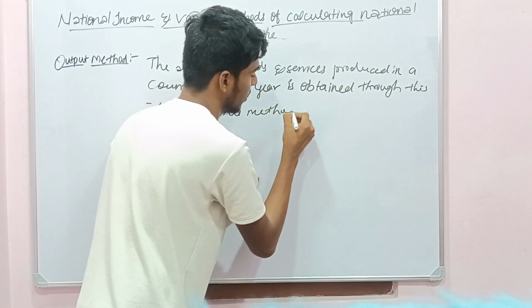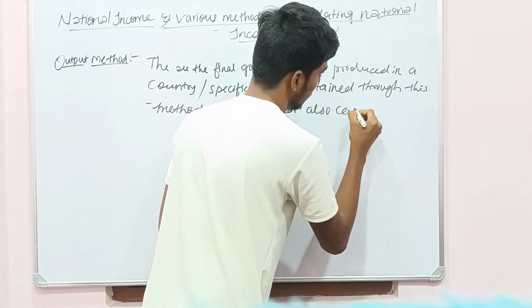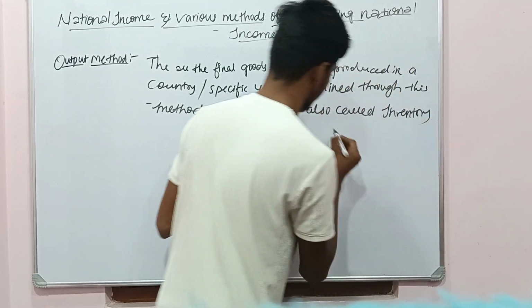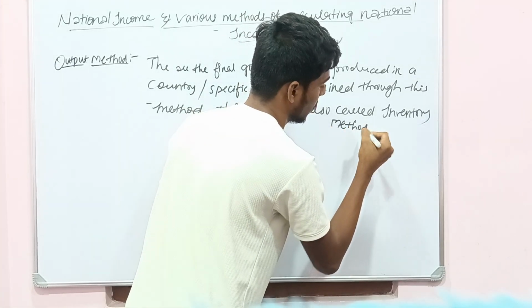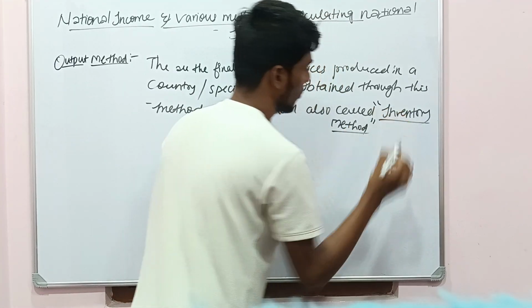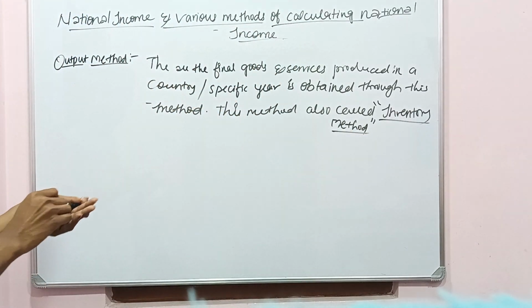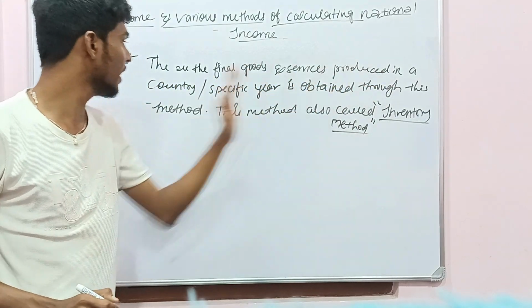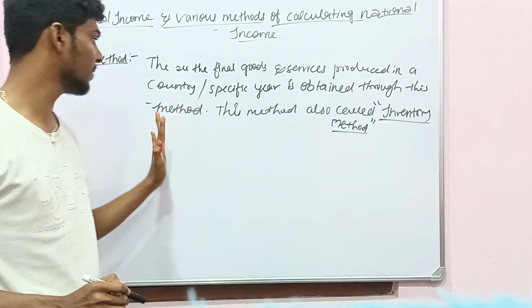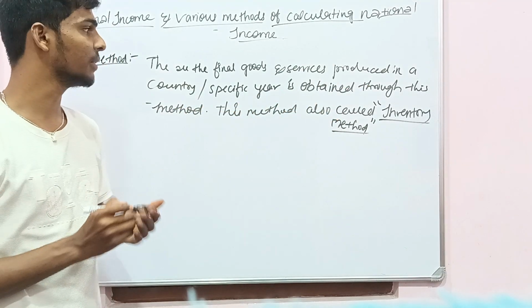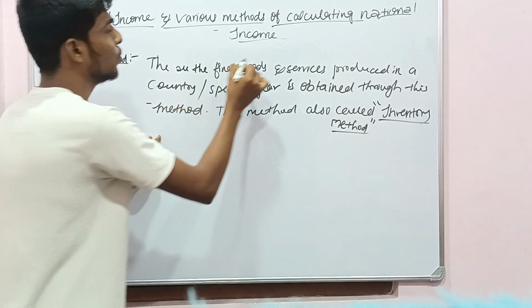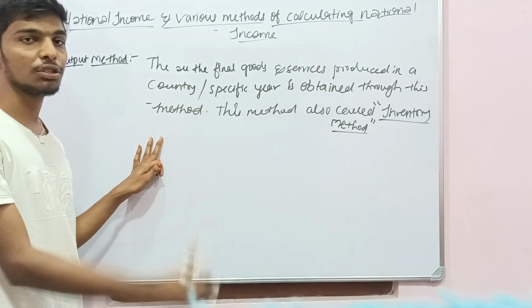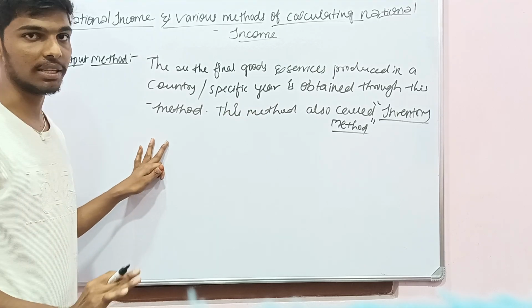This method is also called the inventory method. The goods which are produced by the firms and the services which are produced by the different institutions are all obtained through this method.